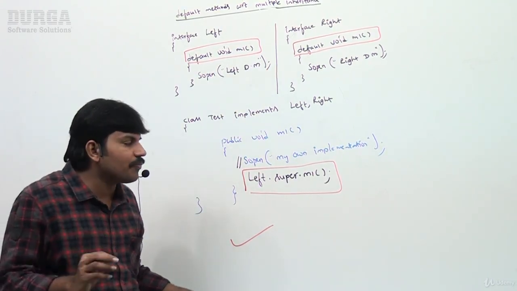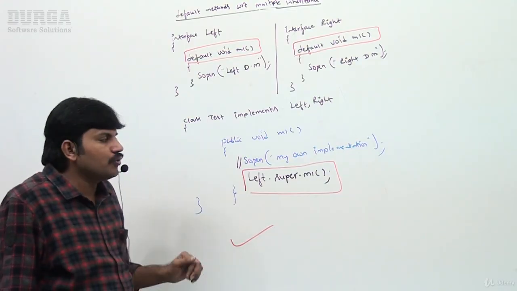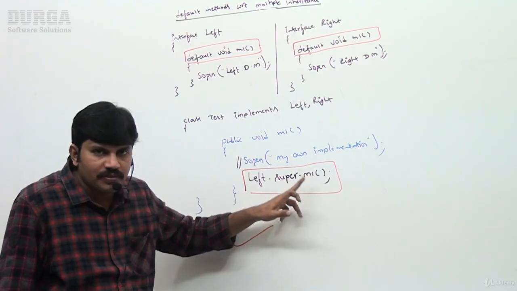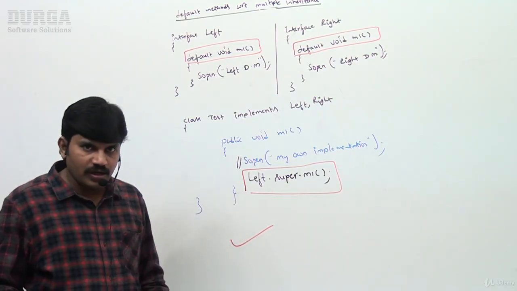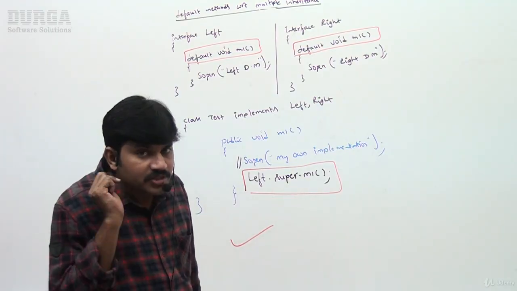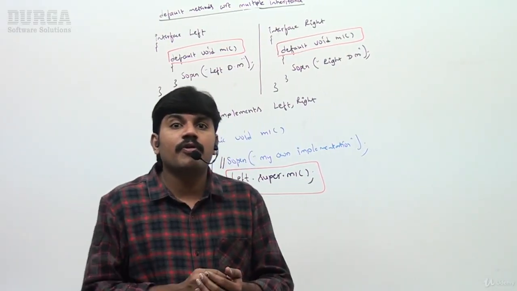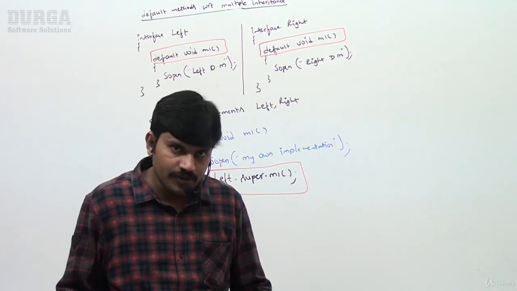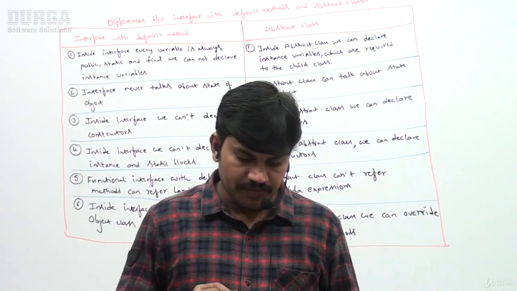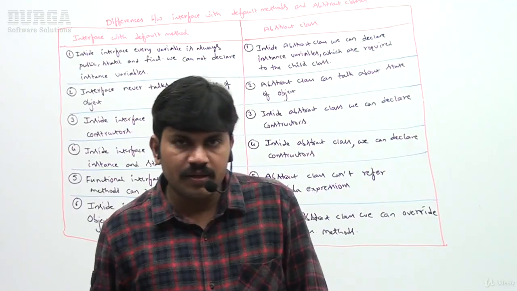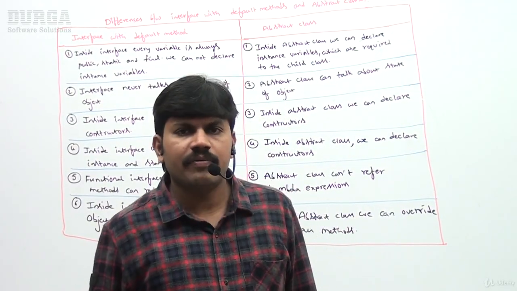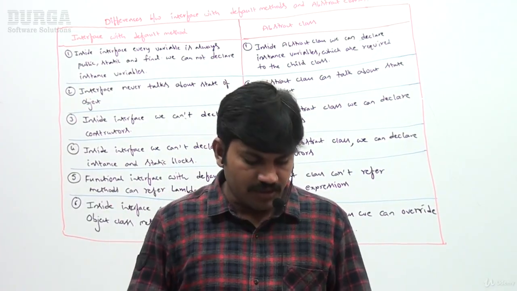If you want to call the parent interface method, then we have to use interface name dot super dot method name. Clear for all of you, right? So this is a small twist in the case of default methods whenever multiple inheritance is there. That's all. I hope you are now aware of what the default method is, how to declare it, and what its purpose is. All those things I covered, right?